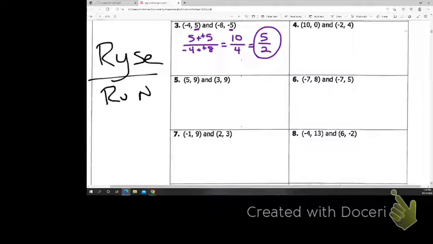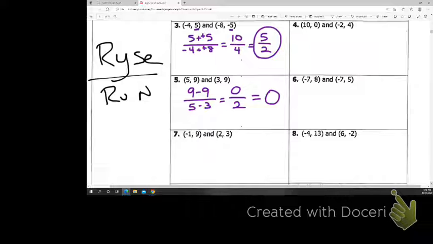Let's take a look at 5 and 6. They are kind of special. 9 minus 9, 5 minus 3. 9 minus 9 is 0. 0 on the top is always 0. 0 divided by anything, 0.